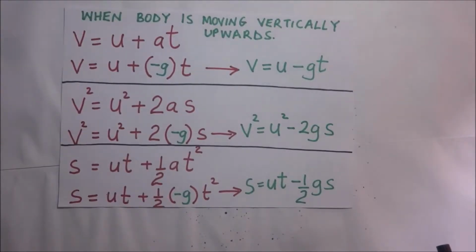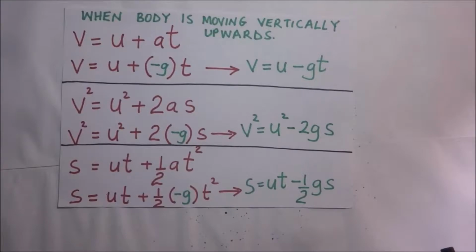What does that mean? It means that as you are throwing it up, the speed keeps reducing. The stone is moving up against the force of gravity. The force of gravity in this case is acting in the opposite direction to the direction of the stone that you're throwing up. That is why as it is moving up, its velocity keeps reducing.